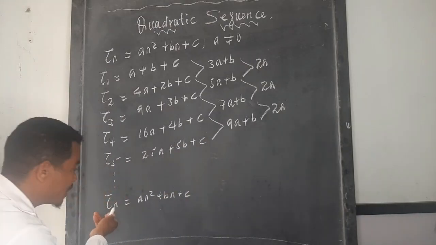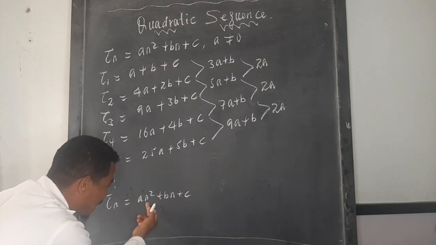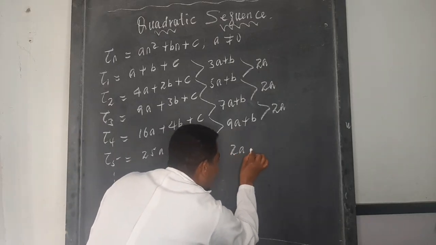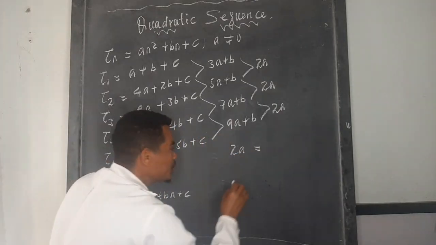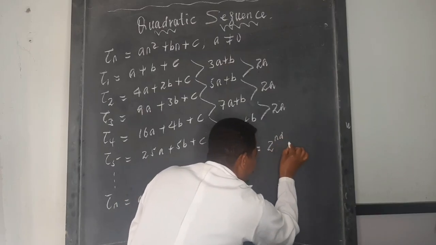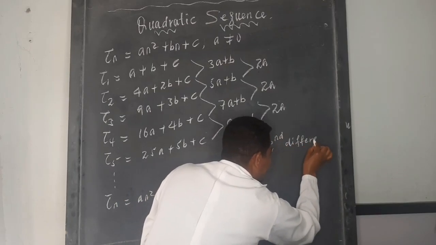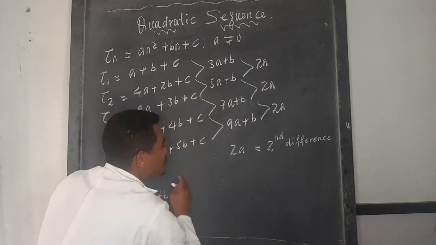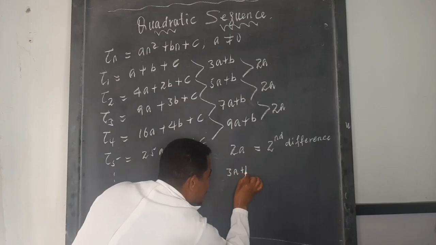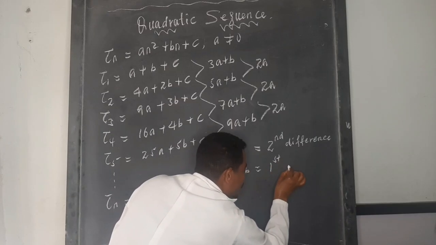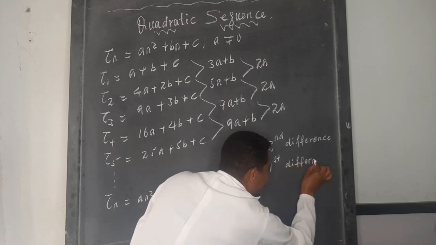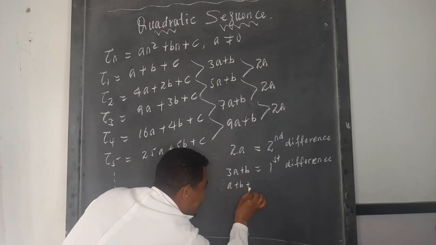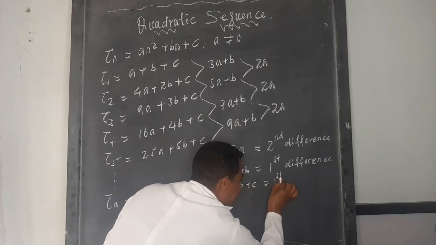So the general formula of a quadratic sequence is Tn is equal to an square plus bn plus c. In this case, 2a is equal to the second difference. The next one is 3a plus b, which is equal to the first difference, and a plus b plus c, which is equal to the first term.